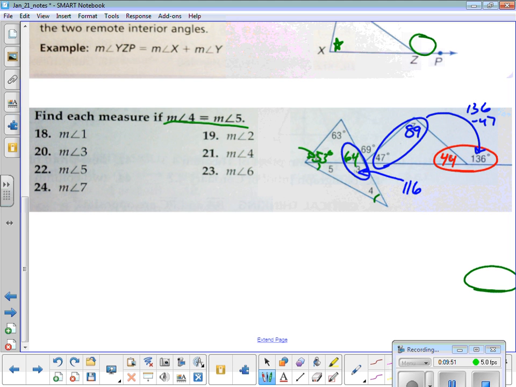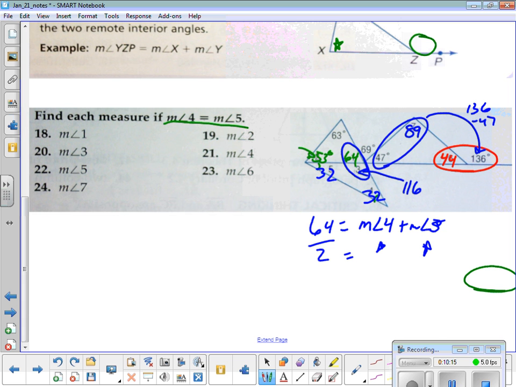Now, the next thing I know is that the 4 and the 5 together are remote interior angles for that 64. I also know that the 4 and the 5 are the same. So if I take 64 and I have two angles that are the same measure, I just have to divide this by 2 to get either one of these two angles. So both of these are 32-degree angles.